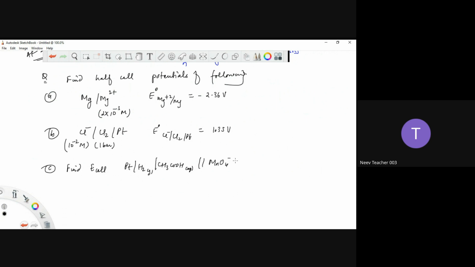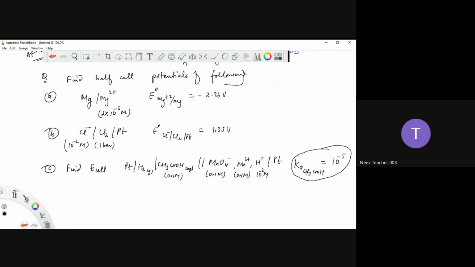MnO4 minus, Mn2 plus, H plus, platinum. 0.1 molar, 0.1 molar. Talk about this 0.1 molar again, and this is 10 to the power minus 2 molar. And K of acetic acid is given, it is 10 to the power minus 5, I think.